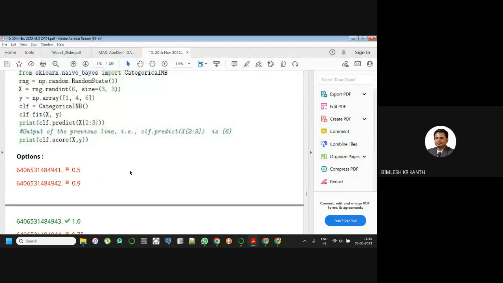What does that mean? So here it is categorical naive Bayes. But this is parametric only, sir. It estimates the probabilities, the prior probabilities. We don't create any generalized model or something like that.